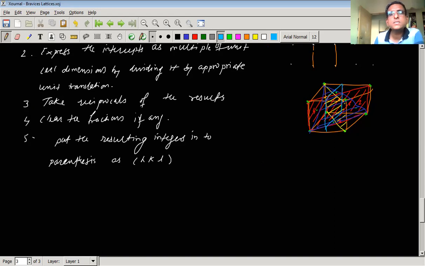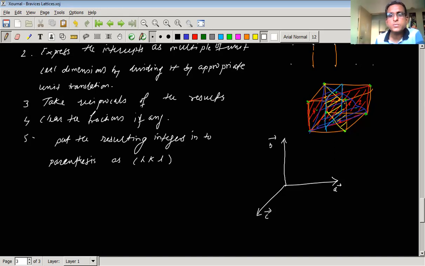So students, suppose we are having a coordinate system a, b, and c. a, b, c are the fundamental translation vectors coinciding with the XYZ axes of the rectangular coordinate system. a is this, b is this one, and c is this one.